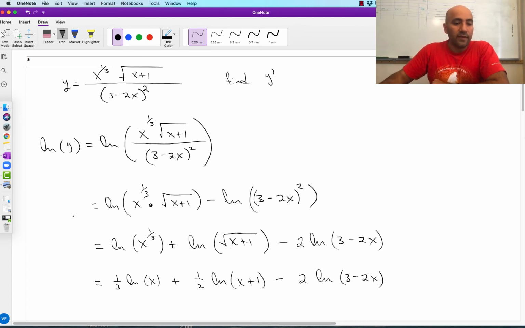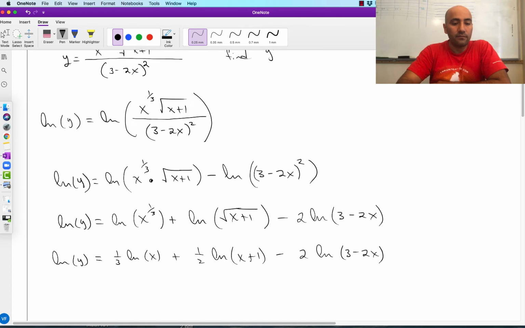Okay, so on the left-hand side is still ln y, and we still haven't taken a derivative. I just used the properties of logs to simplify the whole expression. But the point was to find that derivative, so now let's take the derivative with respect to x of everything.